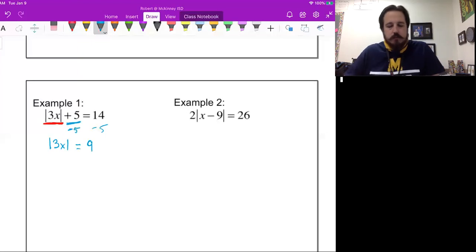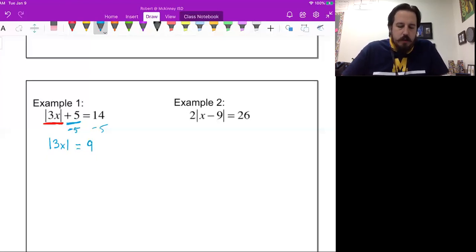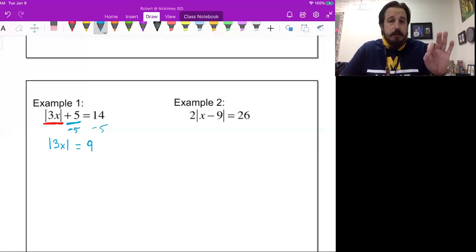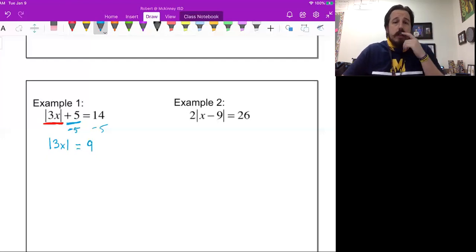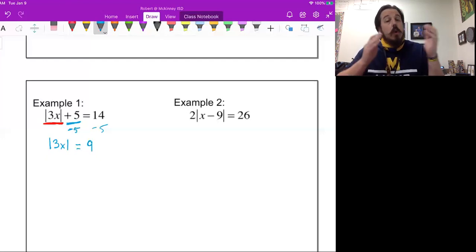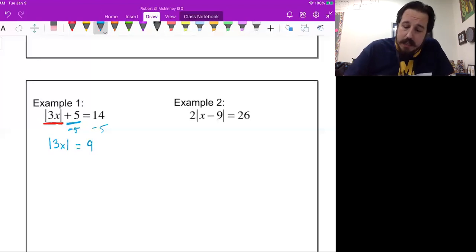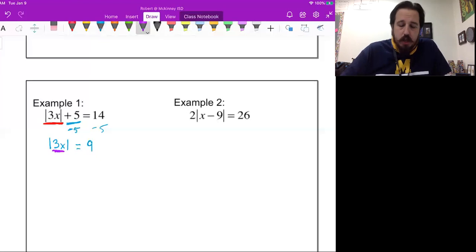Okay, so now those absolute value bars, they are isolated and I can move on. I check: I have my absolute value, it equals, well, it doesn't equal a negative number, so I can carry on. I write my two OR equations, one that is positive. When I do this, I am taking whatever was inside of those absolute value bars.